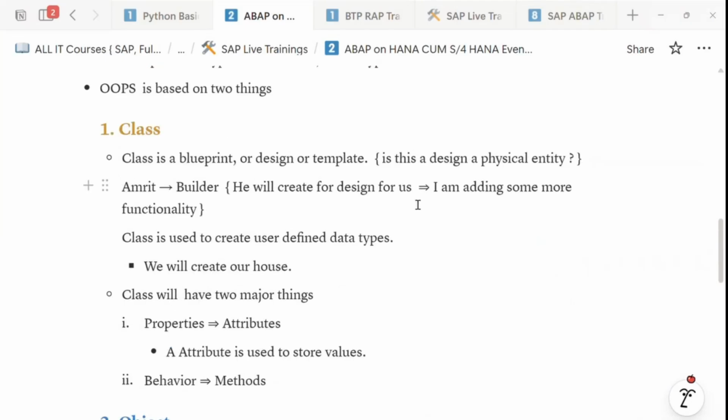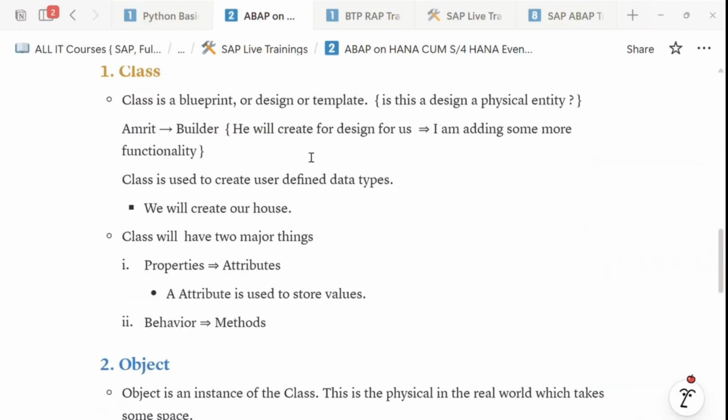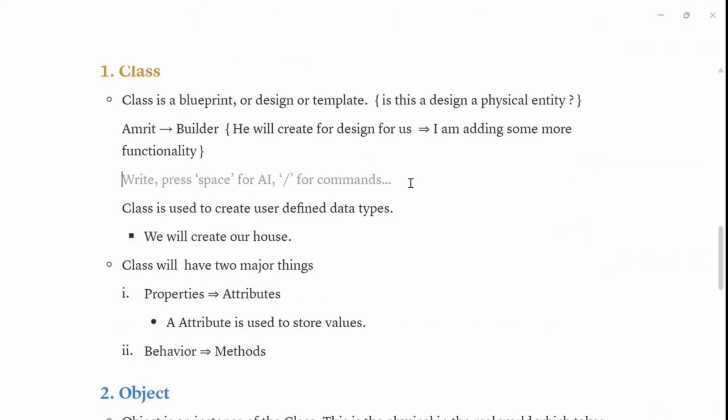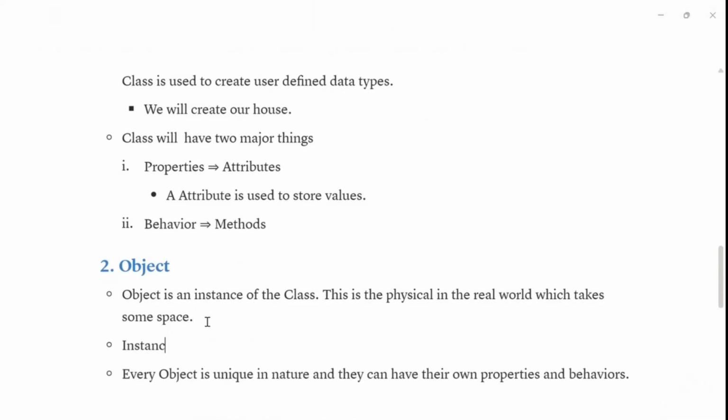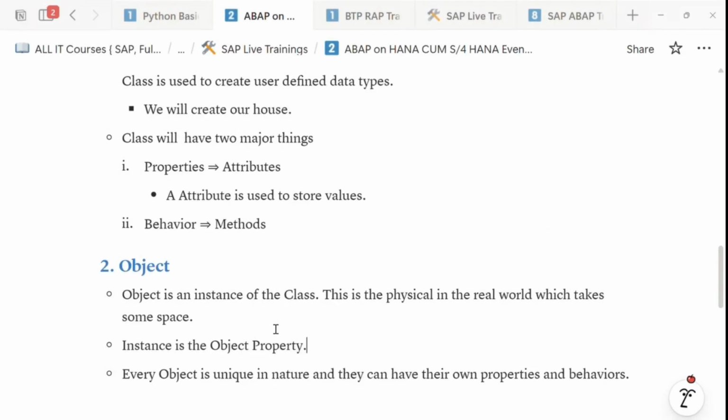So here I'm writing for us. Static is the class property. And instance is the object property. Static is the class property and instance is the object property. Yes.